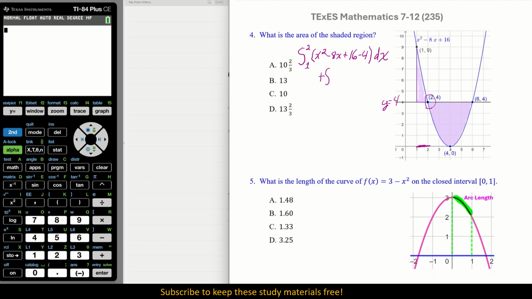We need to add the integration of 4 minus the curve, okay? Right. So 4 minus x squared minus the 8x plus 16 and then dx. Okay. Oh, and that is from 2 to 6.